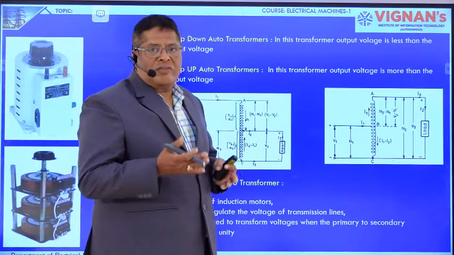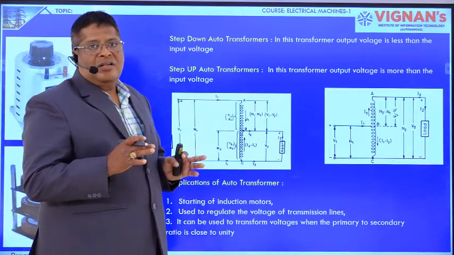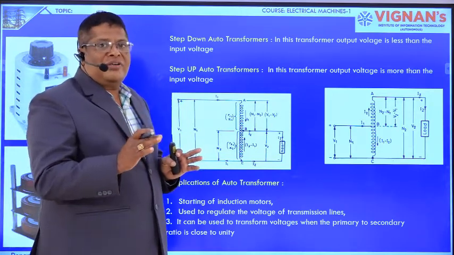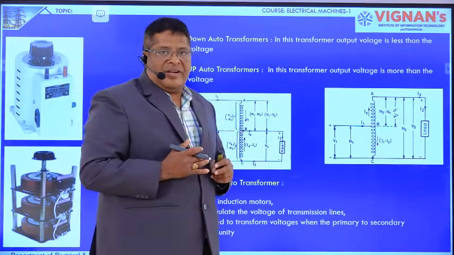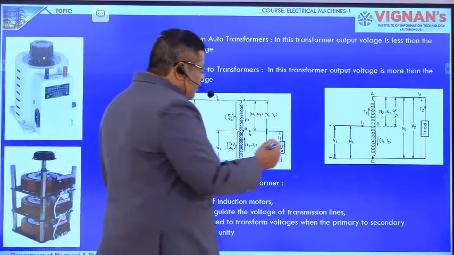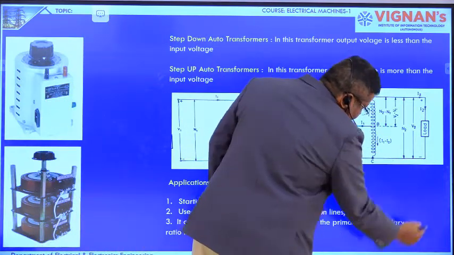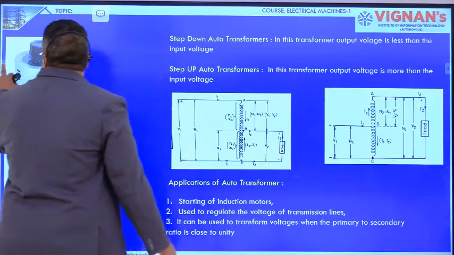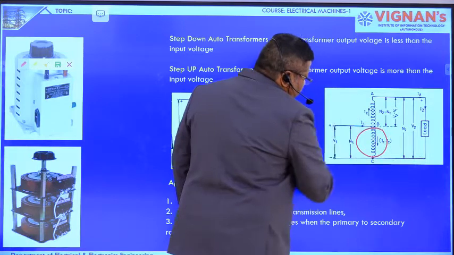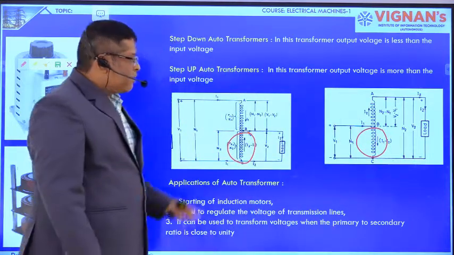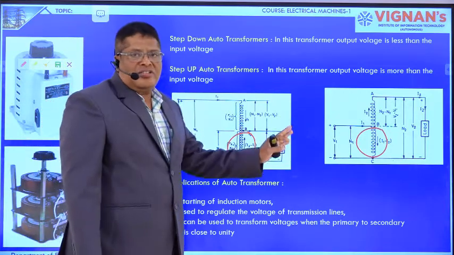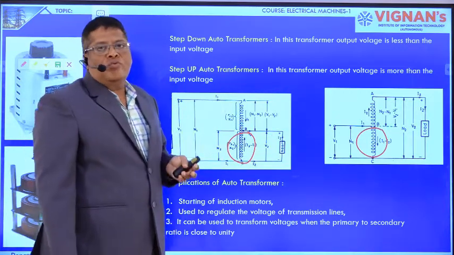The cost also will be lesser, but it does not provide purely electrical isolation between the secondary winding and the primary winding, because some portion of the winding is common to both primary and secondary winding. So it does not provide any electrical isolation between the primary circuit and the secondary circuit, which we achieve in a two winding transformer.